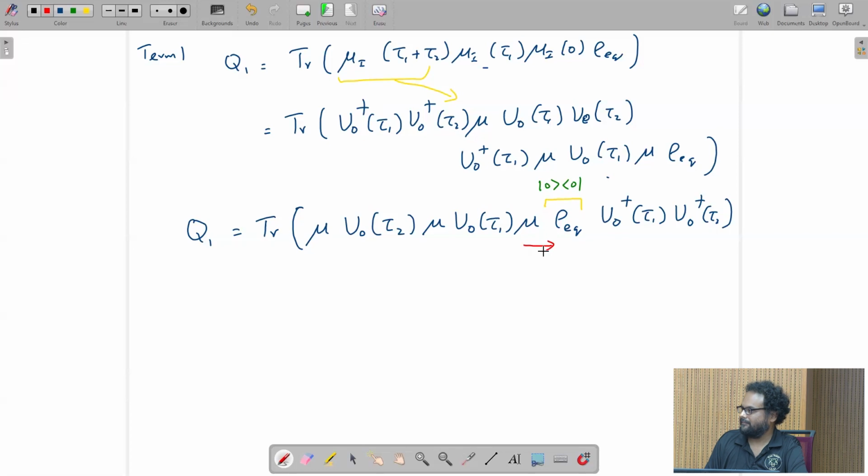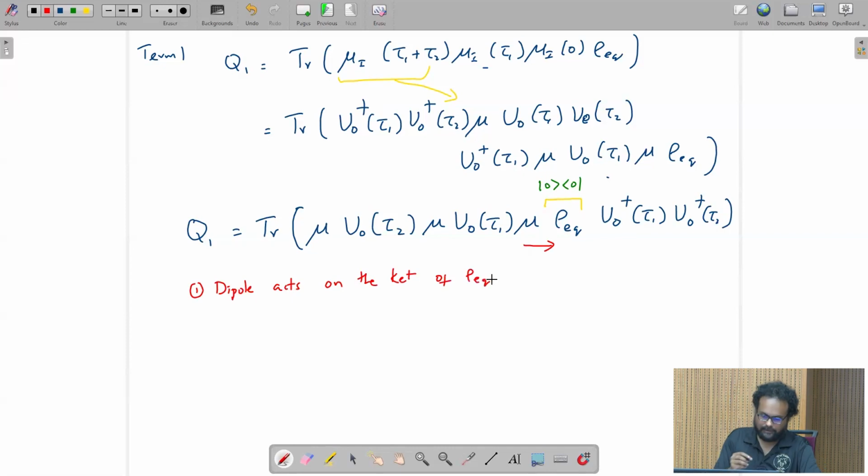Sorry, not the bra, the ket. So your first step is the dipole acts on the ket of rho equilibrium.